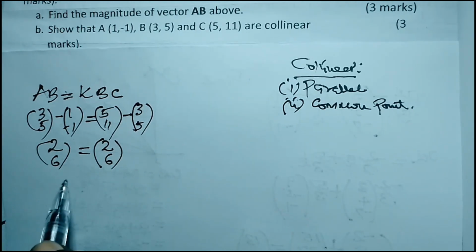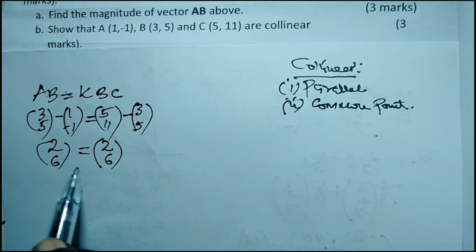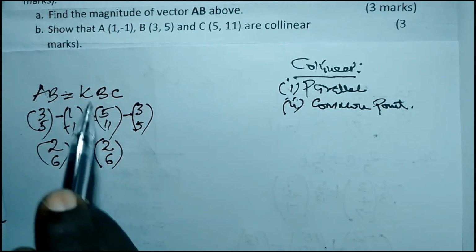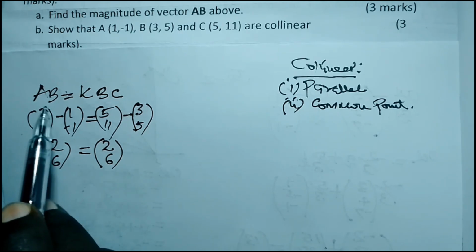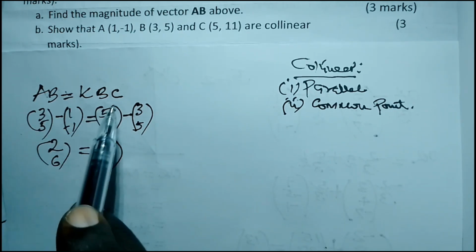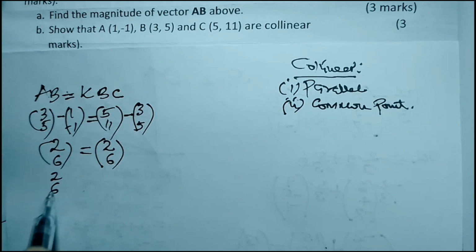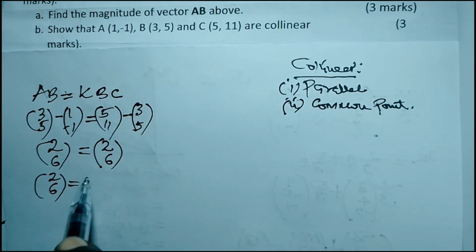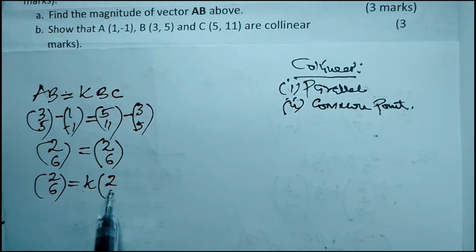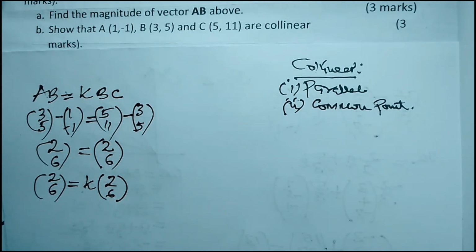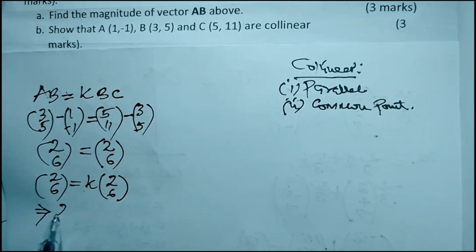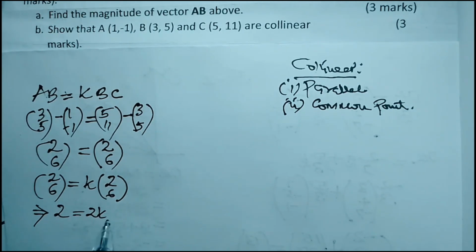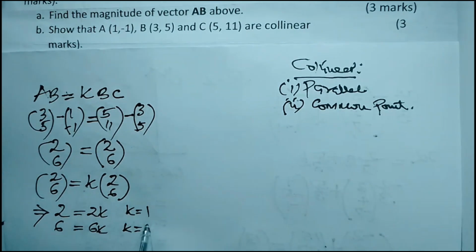If we go back to the expression, AB is equal to K times BC. So we get 2, 6 equal to K multiplied by the column 2, 6. This implies that 2 equals 2K, and K is 1, or 6 equals 6K, K is still 1.